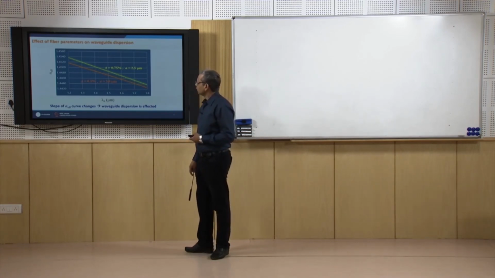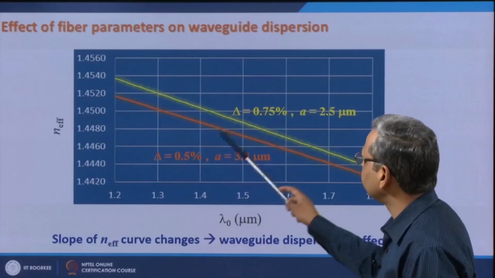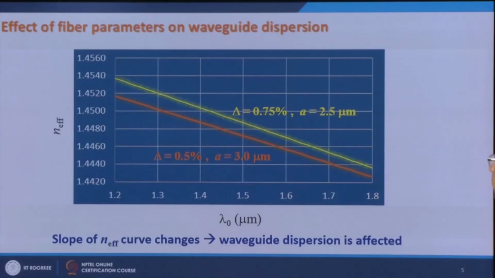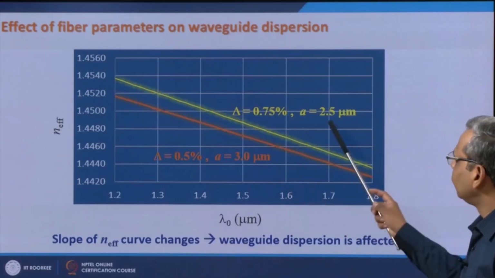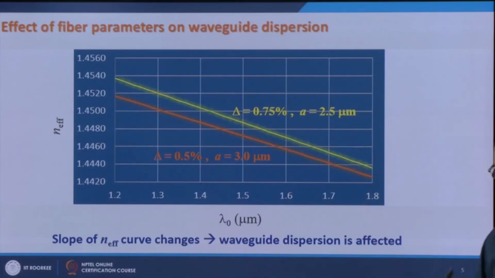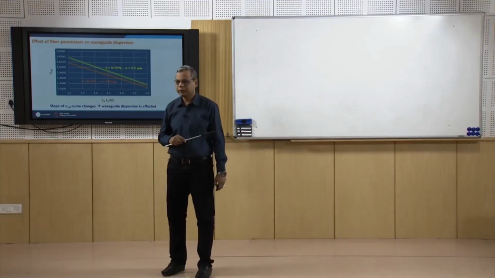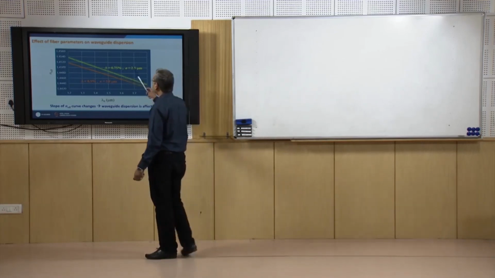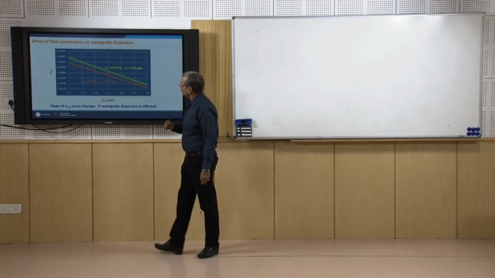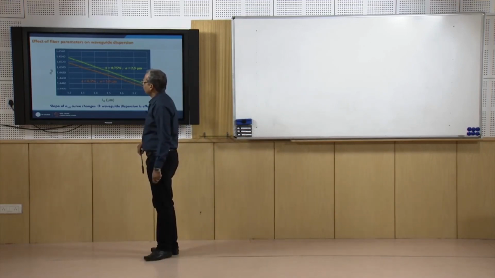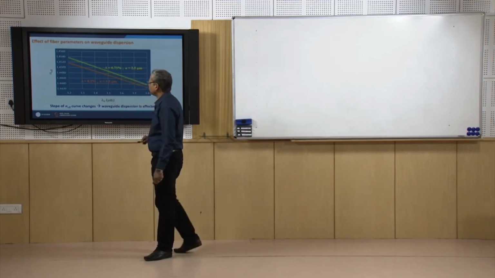If I change the parameters of the fiber, make delta from 0.5% to 0.75% and bring down A from 3 to 2.5 in order to keep the V value almost at the same level, to keep the fiber always single moded. If I am increasing delta, I will have to bring down the value of A. So, now again if I plot n effective as a function of lambda naught, then it goes like this.